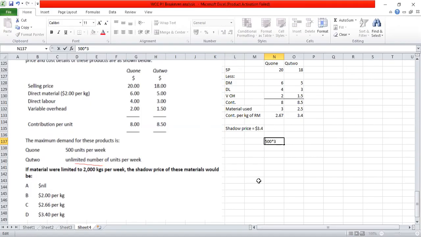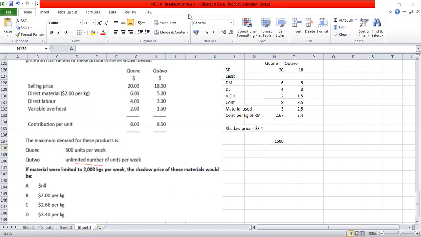So 500 into 3 is 1500. Availability is 2000. When 2000 is available but they are only using 1500, less than 2000, that is called a slack. So slack is present in case of Q1.